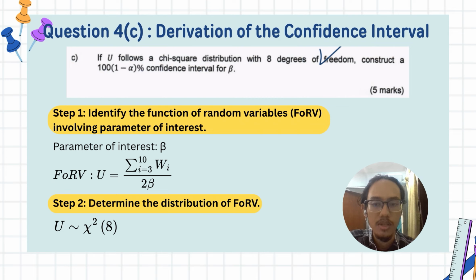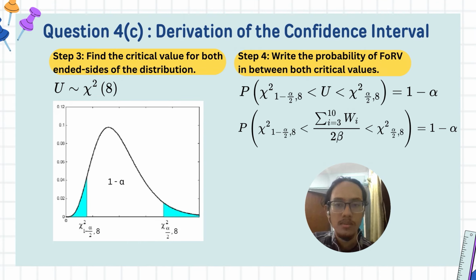And the second step is to determine the distribution of the function of random variable, which is U follows chi-square distribution with 8 degrees of freedom. The third step is to find the critical value for both-ended side of the distribution. Since U follows chi-square distribution with 8 degrees of freedom, the left critical value for U is denoted by chi-squared 1 minus alpha over 2, 8, and the right critical value for U is denoted by chi-squared alpha over 2, 8.